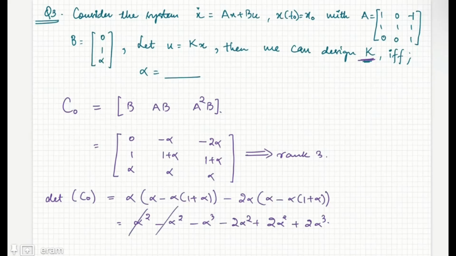So these will cancel out, so we'll be left with alpha cubed. And this determinant will be non-zero only when alpha is not equal to 0. So the condition for the system to be controllable, such that we can design a state feedback controller u equals Kx, is that alpha should not equal 0. That is the answer.